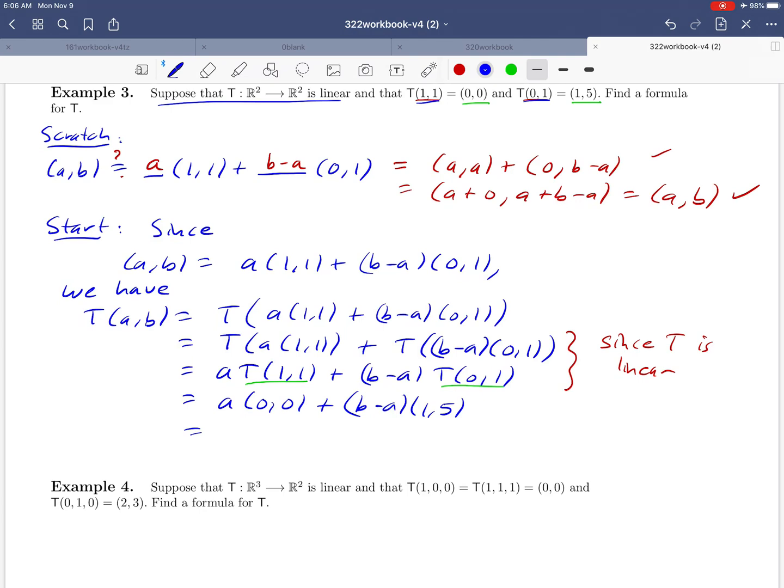And if we multiply the B minus A through, here's what we get: B minus A and 5B minus 5A. And there's our formula. So T of (A, B) equals (B minus A, 5B minus 5A). That's our answer to the question.